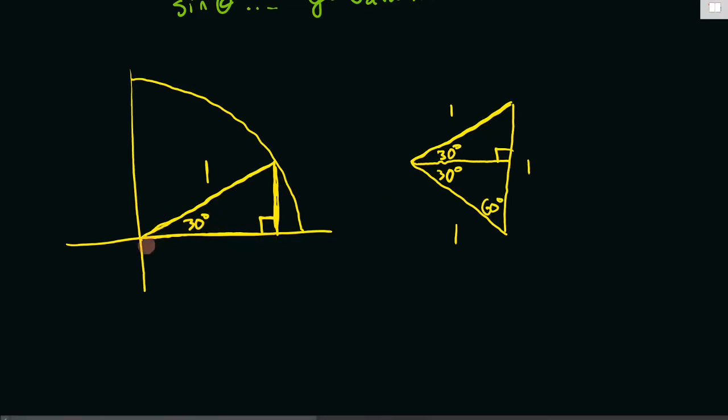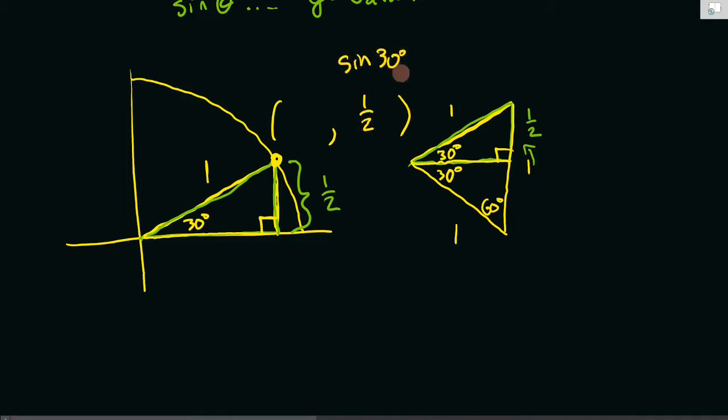So this triangle here is this triangle here. And this is half of 1. So this is a half tall. That means that this vertical component here is a half. By definition then, we know the vertical piece is 1/2, which is sine of 30 degrees.